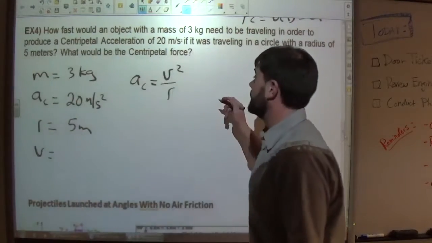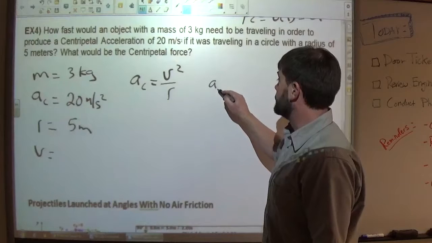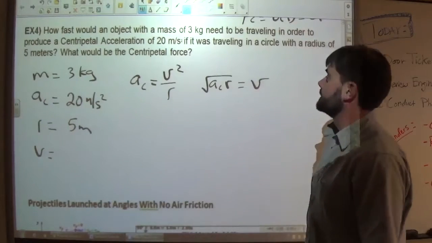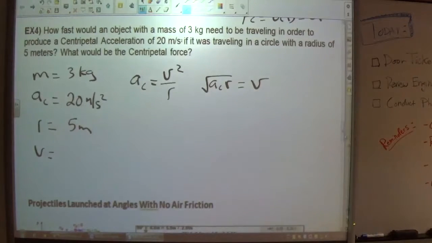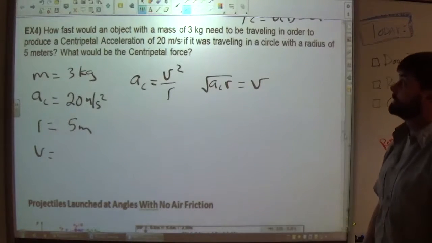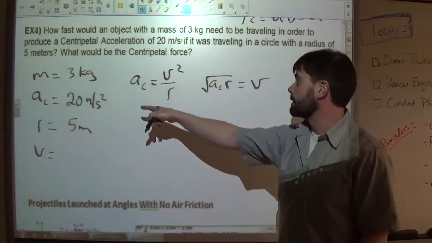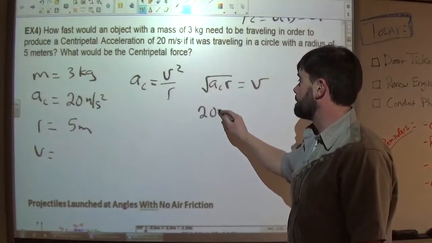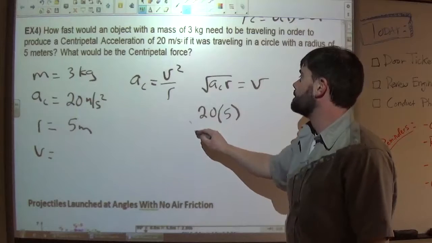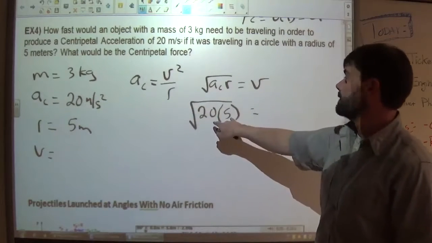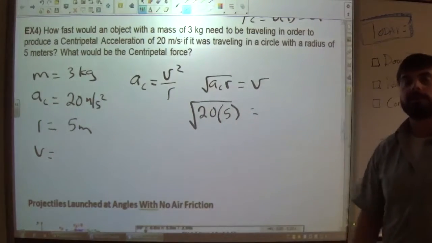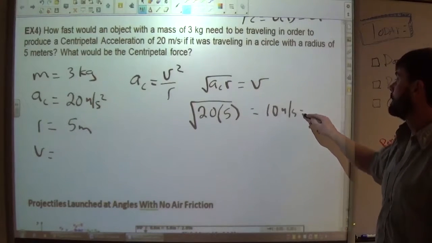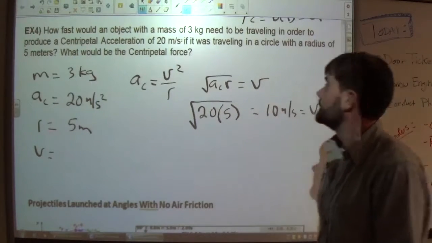If you're trying to find a velocity, you've got centripetal acceleration multiplied by r, square rooted, is going to equal the velocity going around the circle. So this can solve our first problem because we know centripetal acceleration and we know r. So we're simply going to do 20 times 5 square rooted. 20 times 5 is 100, and 100 square rooted gives us a nice 10 meters per second, which will now be equal to our velocity.